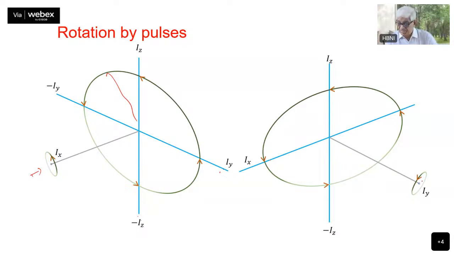Y rotation, once again, is anti-clockwise. Okay, when I'm talking about rotations, the arrows you should see, the rotations are anti-clockwise. So z goes to x, x goes to minus z, minus z goes to minus x, and then minus x goes to z.